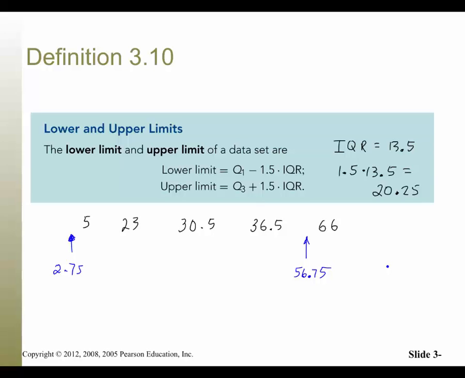So these lower and upper limits, based on what's happening in the middle, help us determine if we might have outliers or not. What was the one before 66? 43. Okay, so 43, not an outlier. It's less than 56.75. But this 66 is outside the upper limit, so that's called a potential outlier.